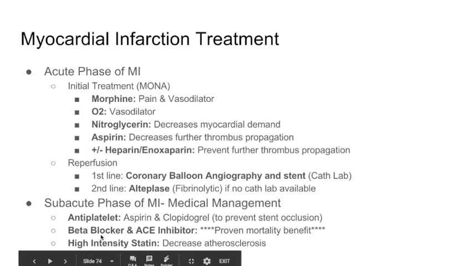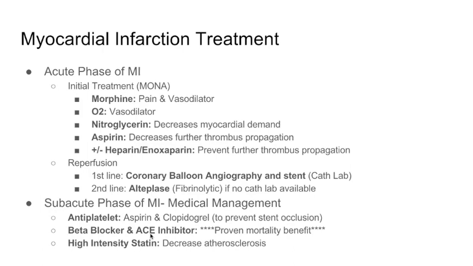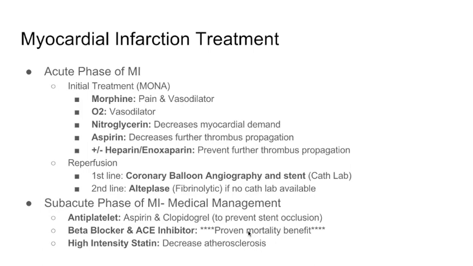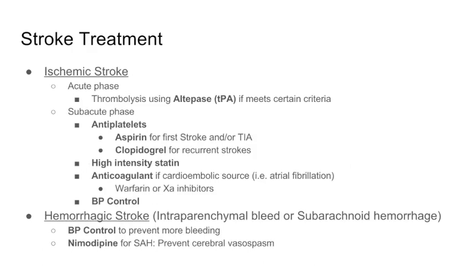You also give them a beta blocker and an ACE inhibitor because they have been proven to have mortality benefit, for the reasons that we've discussed previously. And you also give them a high intensity statin to decrease atherosclerosis. So this is sort of the big picture treatment for myocardial infarction.